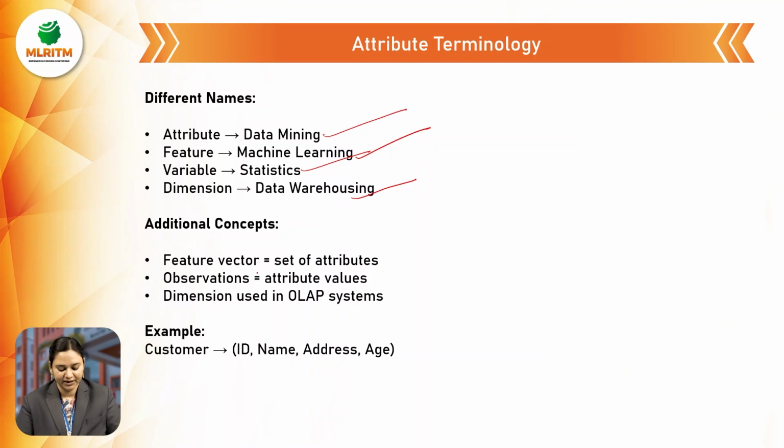Feature vector is equal to set of attributes, observations are equal to attribute values, and dimensions are used in OLAP systems. Example: for a customer we have ID, name, address, and age.